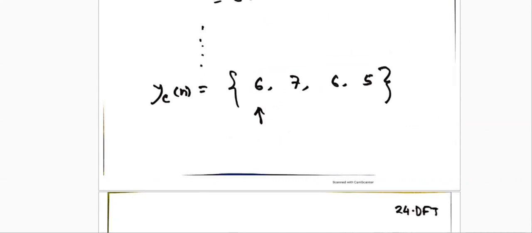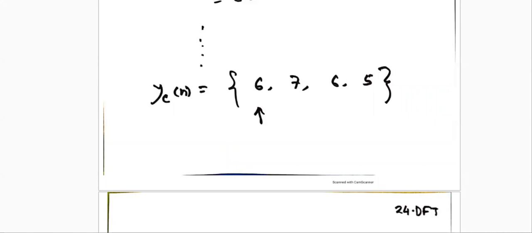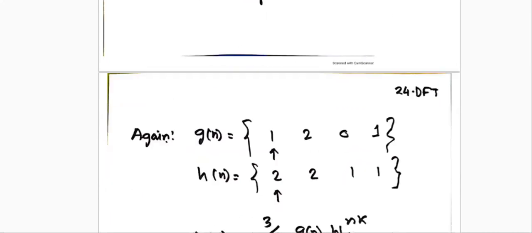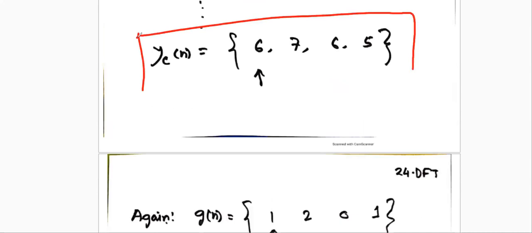Similarly, you can do the process for YC1, YC2, YC3, and you will get this value, this value, this value, this value. And so this is the circular convolution. We have done the circular convolution like this.